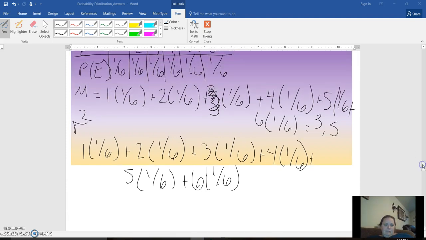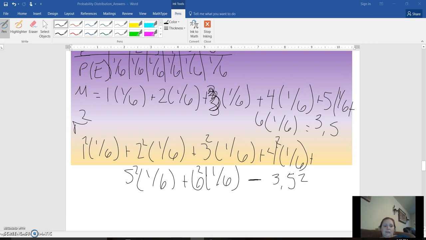For variance, the difference is I'm going to square these guys. So it's going to be 1 squared times 1/6 plus 2 squared times 1/6 plus 3 squared times 1/6 plus 4 squared times 1/6 plus 5 squared times 1/6 plus 6 squared times 1/6. Then we're going to subtract whatever we got for the mean, squared.